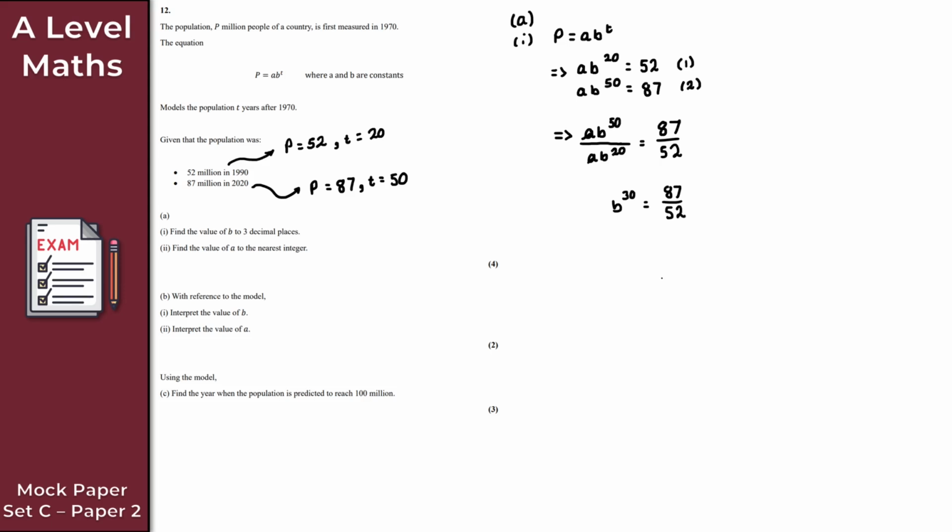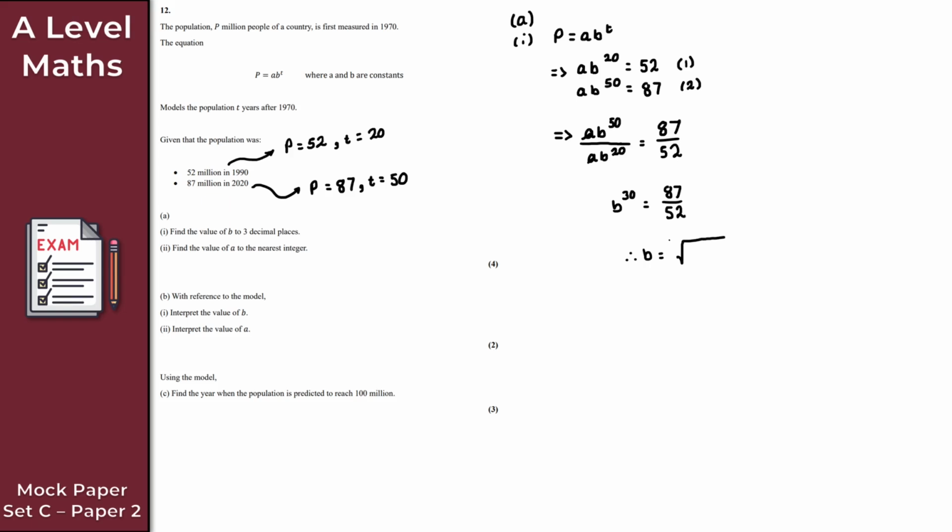Like so. Now we just want the value of b here, right? We want the value of b to 3 decimal places. So b here is the 30th root of 87 over 52, or just simply 87 over 52 to the power of 1 over 30, whichever way you prefer to write that.